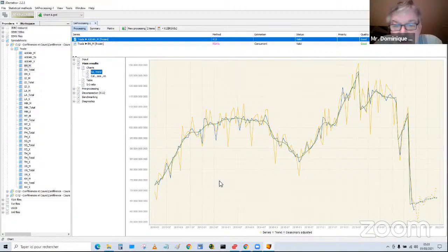This is a technique that is not in this graphical interface. You can do that with JDemetra, but outside the interface. The interface that we are studying this week is the seasonal adjustment interface. You cannot do that with benchmarking.